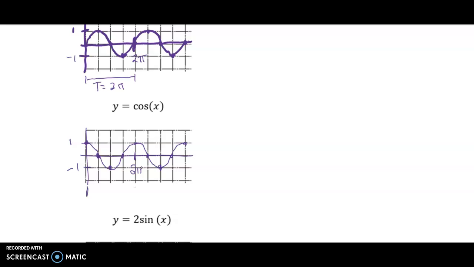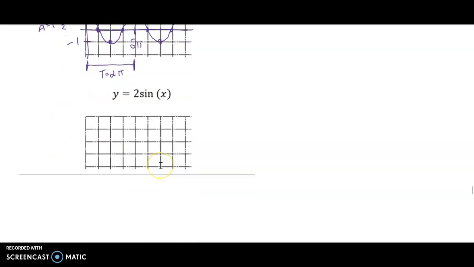I asked you to label T equals 2 pi, and then here I'll label the amplitude. Amplitude is 1. Amplitude is 1, and we've talked about that a lot. Amplitude represents how high up it goes from the midline, and then how far down it also goes, right? So I can label the amplitude like that.